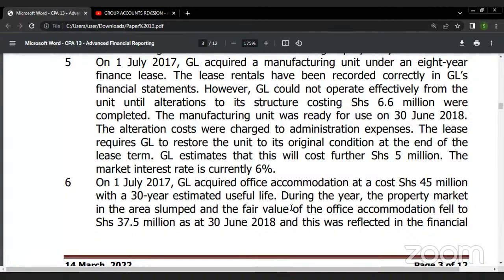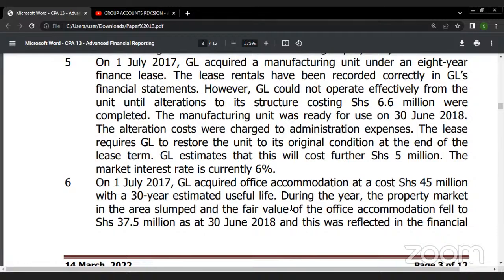The alteration costs were charged to administration expenses. The lease requires GL to restore the unit to its original condition at the end of the lease term. GL estimates that this will cost a further shillings 5 million. The market interest rate is currently 6%.